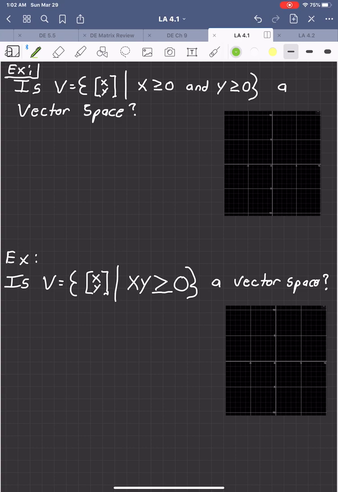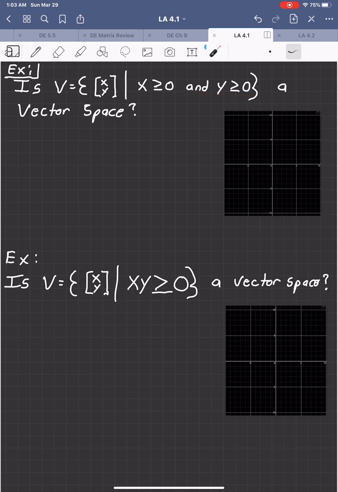So let's see if we can start with the following example. It says, is V a vector space? All right, now how do we read this? V is the set of vectors such that x is greater than or equal to 0 and y is greater than or equal to 0.